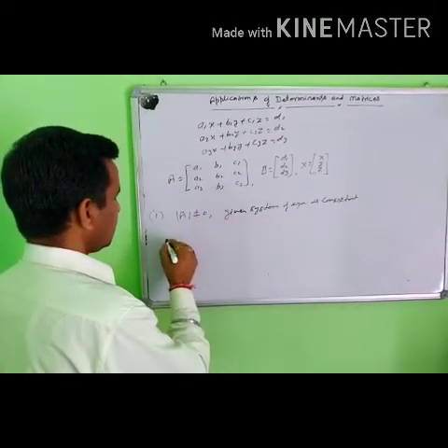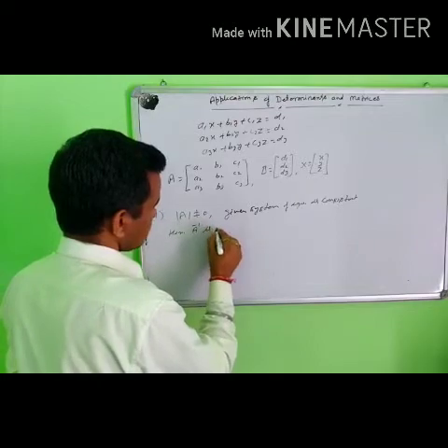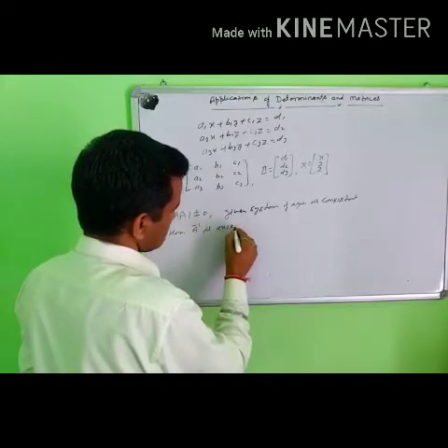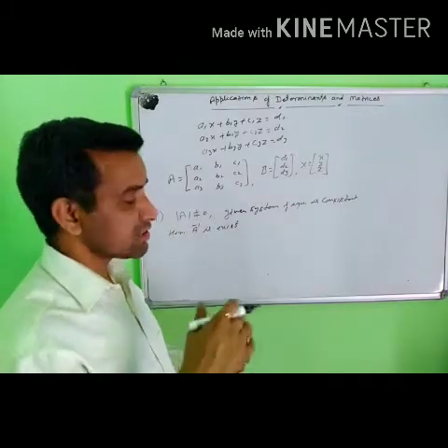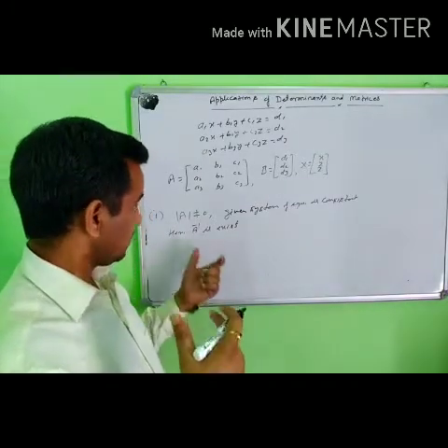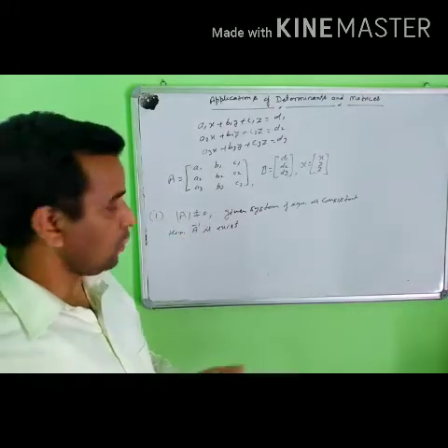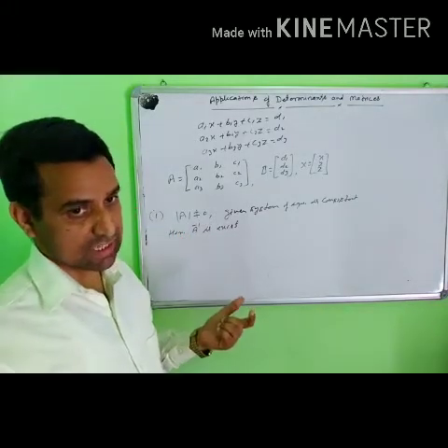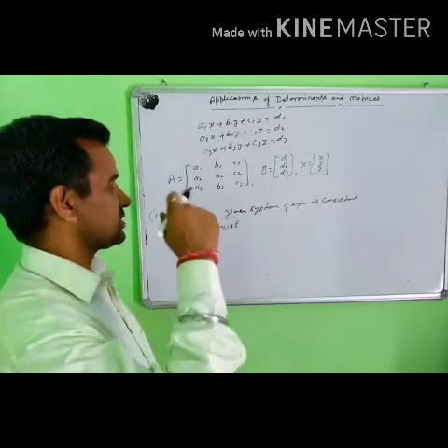After that you can say that hence A inverse exists. Now that A inverse exists, we start the further work. To find the inverse, first find the cofactors, then the adjoint, then find the inverse. After that you will find the values of x, y, z.